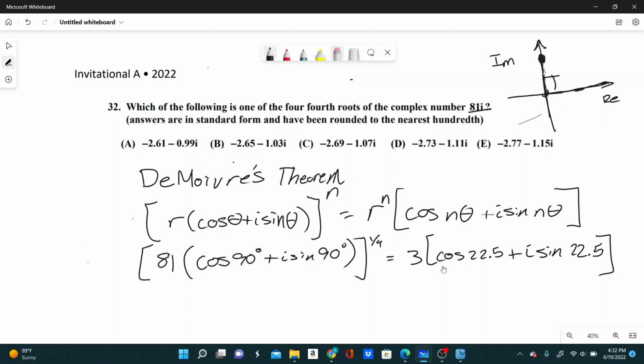So when you have roots of complex numbers, it turns out that they're all at equal angle distances away from each other. What I mean by that is if you have 360 degrees total in a circle, and our root, this one that we found right here, is one of them, then the other roots are going to be distributed around the coordinate plane at the same distance from the origin and equally dispersed.